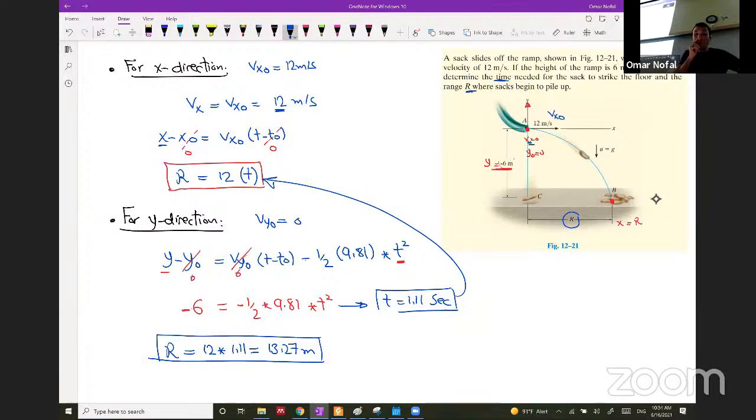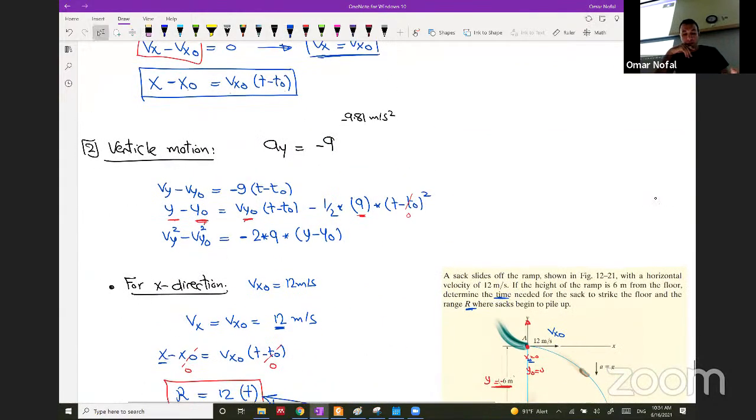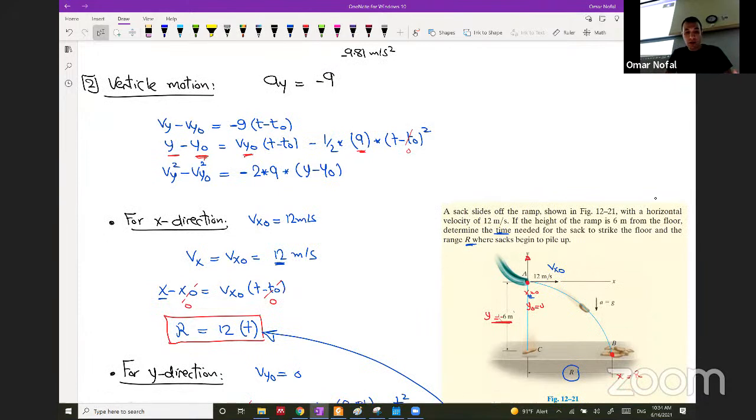What I would do to solve this problem is write these equations in front of me and note what is known and what is unknown. I know that the Y-direction velocity equation will not do anything for me, because Vy node is equal to 0 and I don't know the Vy here, so I can't use this equation.